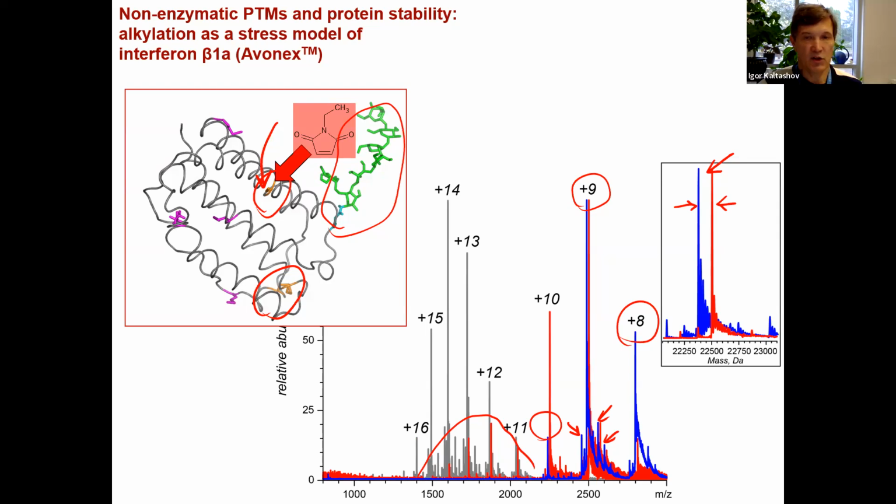When you run it under denaturing conditions, the corresponding spectrum is represented with a gray trace here. So the extent of multiple charging is even more significant. However, we can clearly see that chemical conjugation of this protein at this particular site is not a good idea.